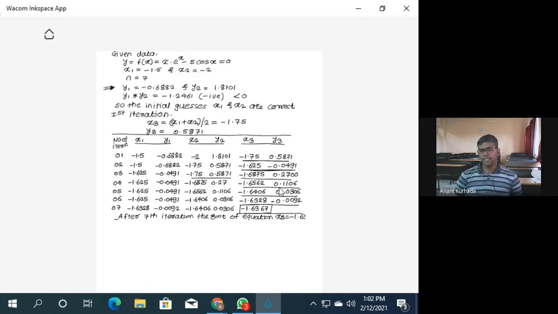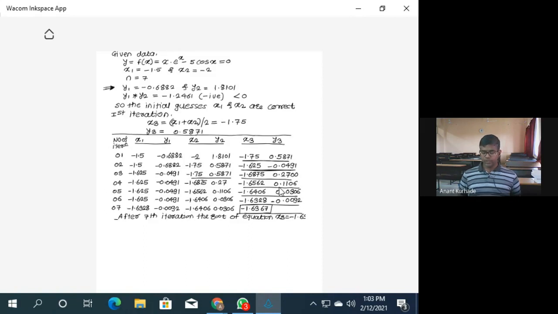In the problem statement itself, you can have: solve this problem by using the bisection method, given y is equal to f of x is equal to so-and-so, by using initial values x1, x2, with the number of iterations n, or instead of n, you can have accuracy. So accuracy up to 0.001 or 0.01 or 0.1.